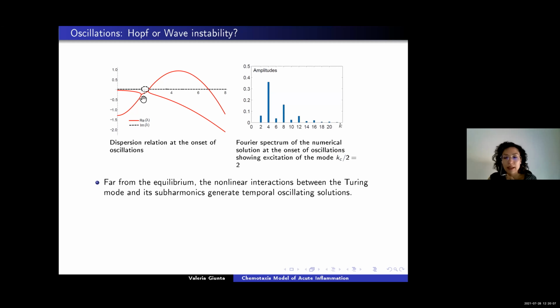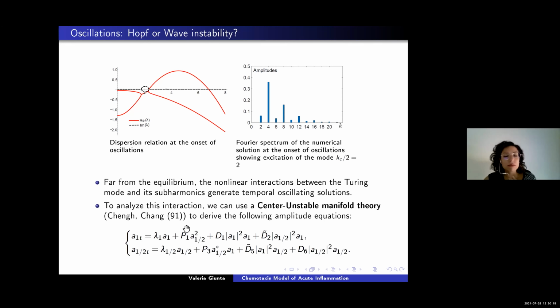You can also characterize the onset of these oscillations by deriving amplitude equations, which describe the subharmonic interaction between the Turing mode and its 1/2 subharmonic. To do so, you can use, for example, center manifold theory. I will not give the details of this result. It's just to give you an idea.